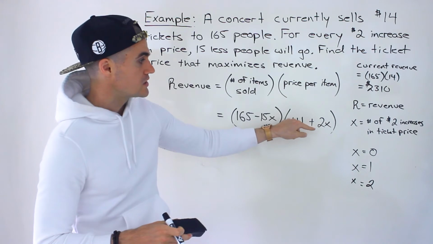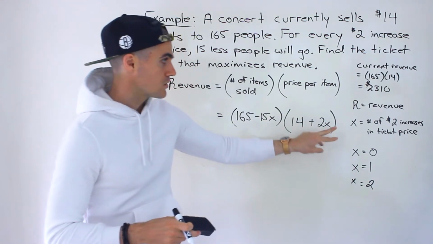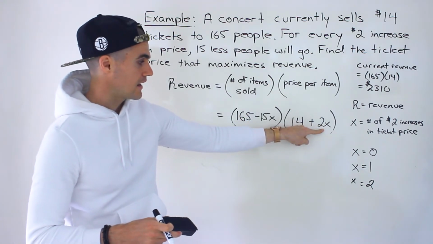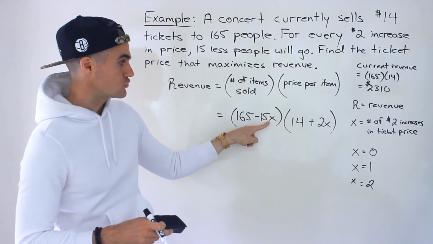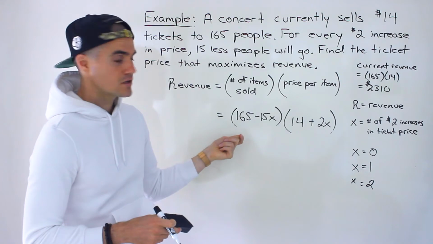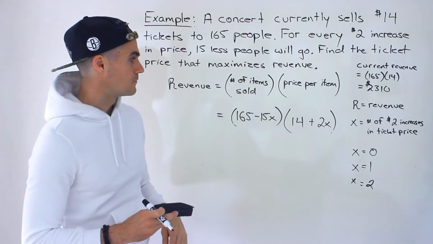Or if we increase the ticket price 2 times, so we have two $2 increases, again, an x value of 2 would go here, we'd get 18 in this bracket, and then an x value of 2 would go over here, and we'd get 165 minus 30, which would give us that 135 bracket that we had before.